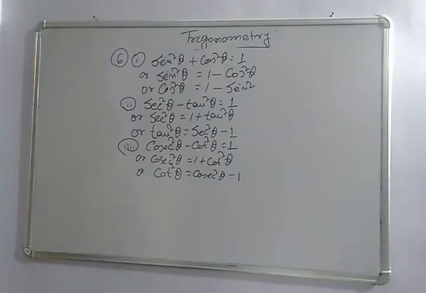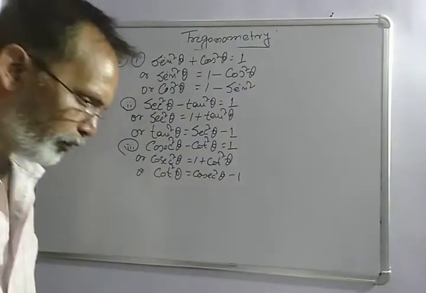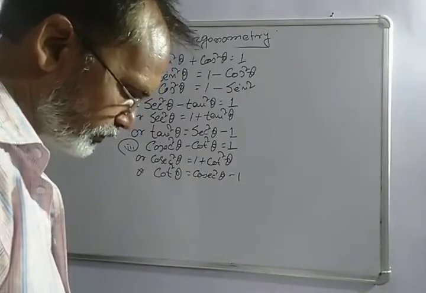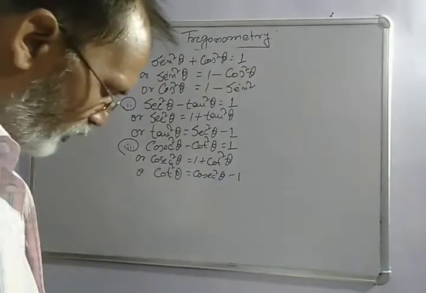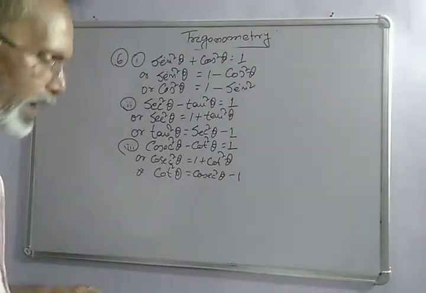So these are the formulas for proving identities.